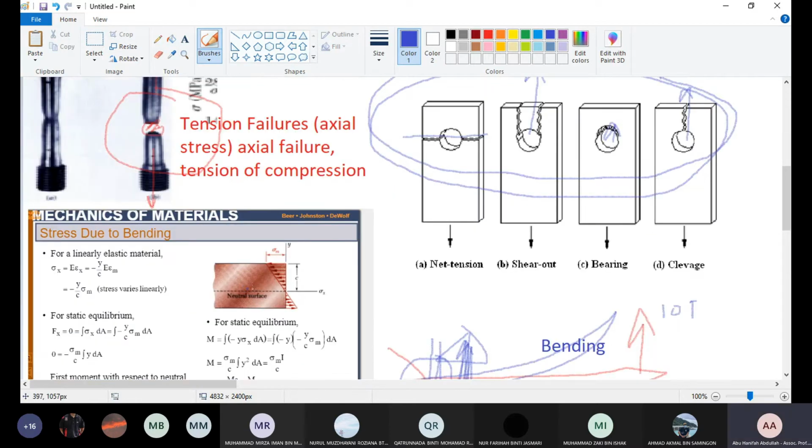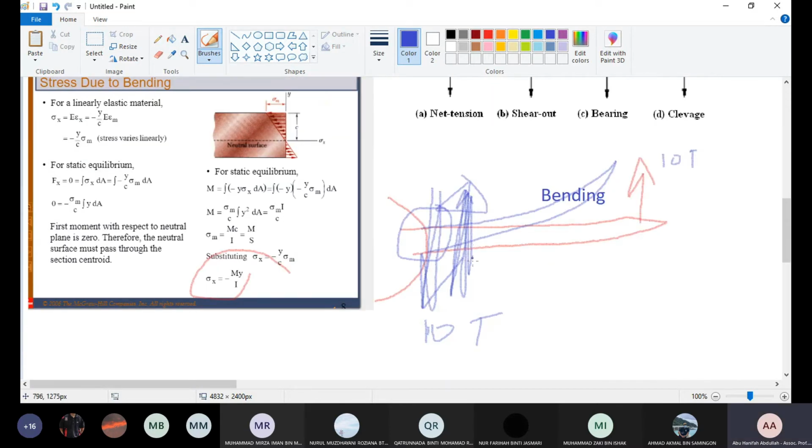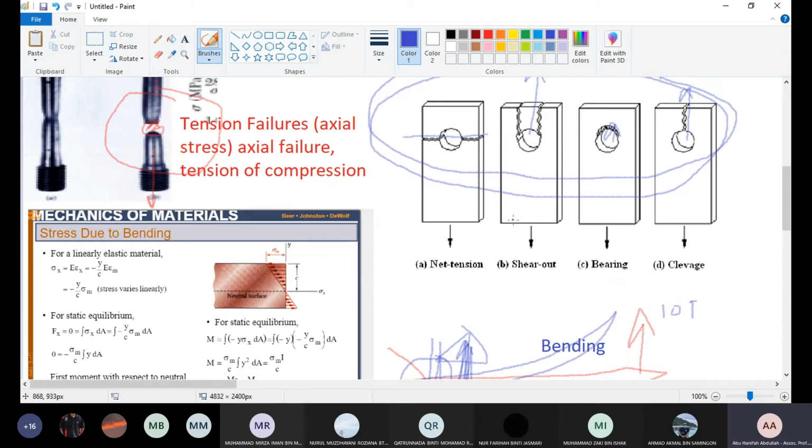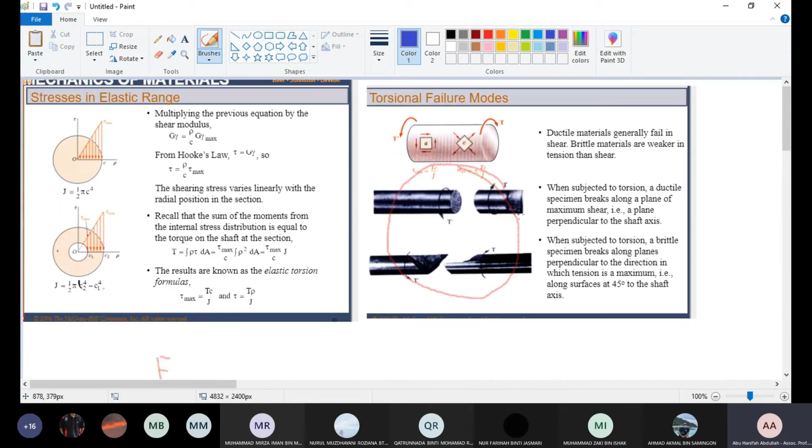You can also have failure on a big component structure, or small failure on the bolts and nuts. And this is the torsion stress. I throw in the equations first before we go to the theory.